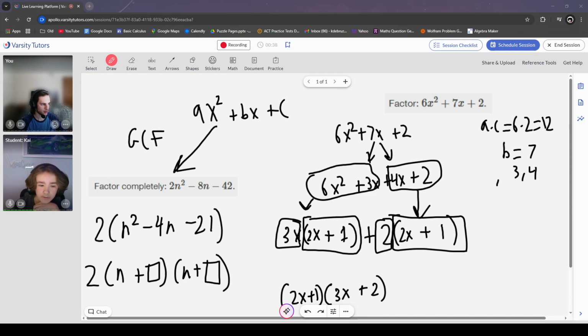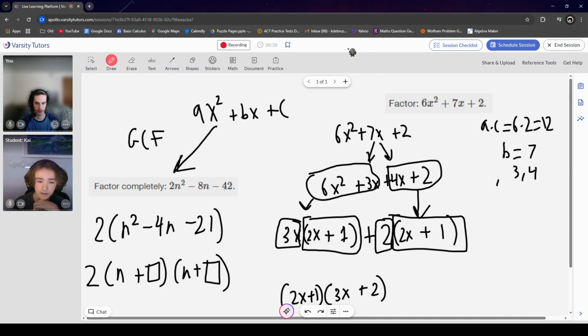Why not just do the GCF of the A, B, and C? Like right at the beginning? Because these are two different methods of how to do this problem. This is a C method.